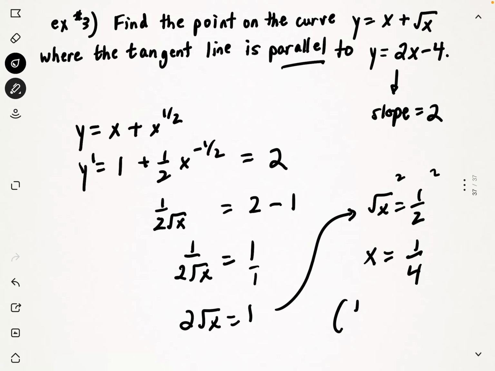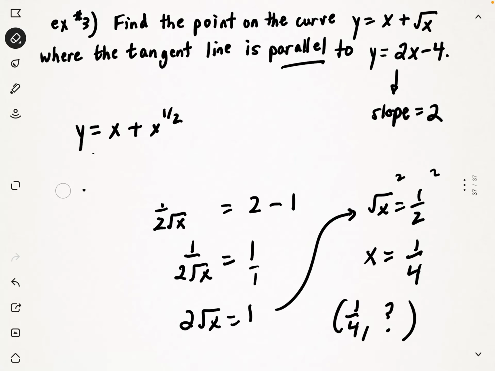So we know that we have an x coordinate of 1 over 4. We're also looking for a y coordinate to go along with that. So you need to make sure you put that value back into the original function. So I'm going to plug that in.